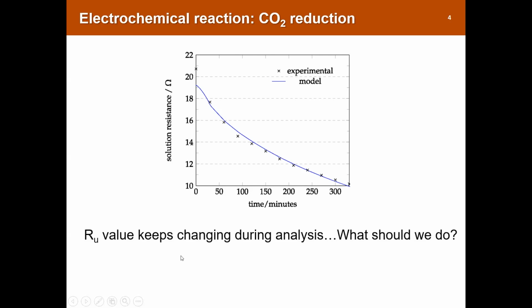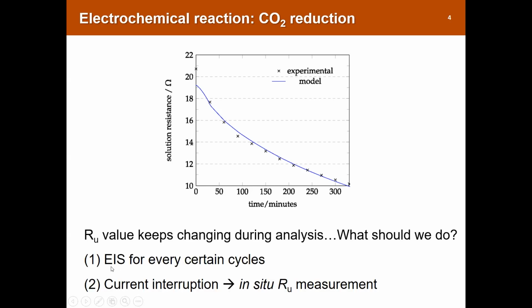So what can we do to avoid these issues? One method is just doing impedance analysis every certain cycle, every certain period of time, and obtaining the RU value and doing the IR compensation periodically, which sounds quite annoying. And the second method is just using current interruption.